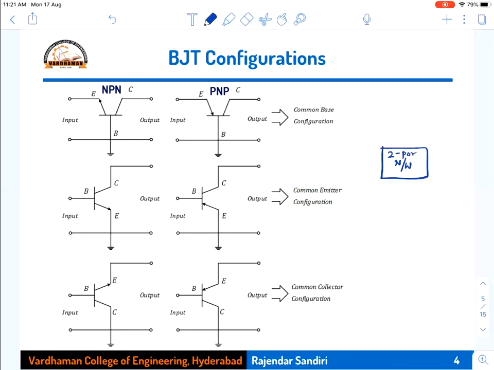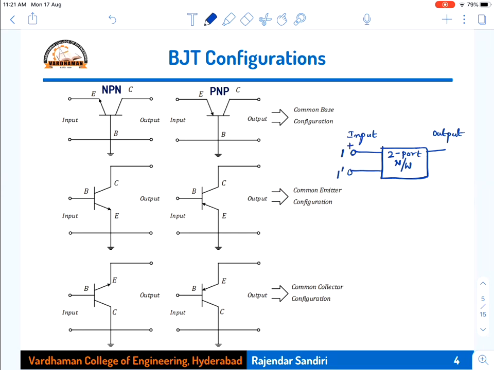Two-port network means this is the input side of this network, and this is the output side. On the input side we have two terminals, 1 and 1 dash.